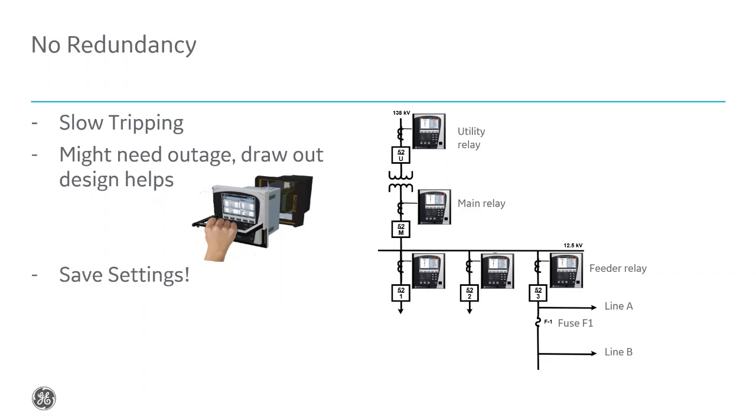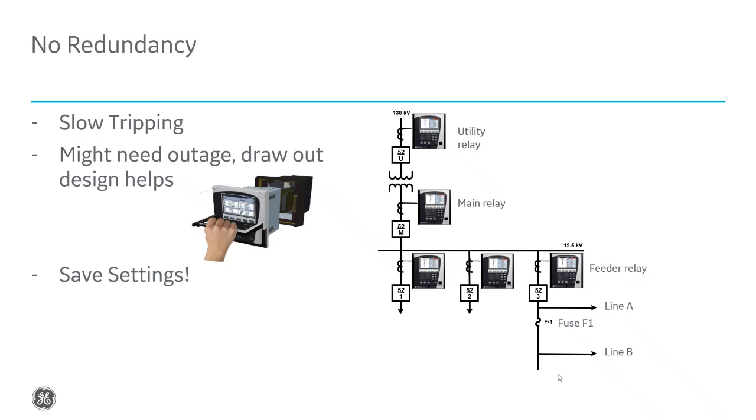Let's talk a bit about redundancy before we get into some hands-on with the 850. In a typical non-redundant application, which is probably in a lot of industrial facilities that I've seen, this is basically the architecture usually.